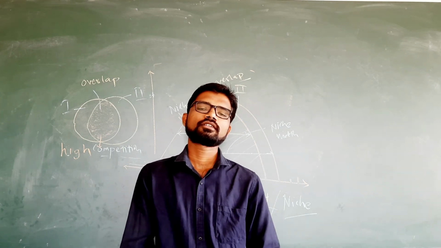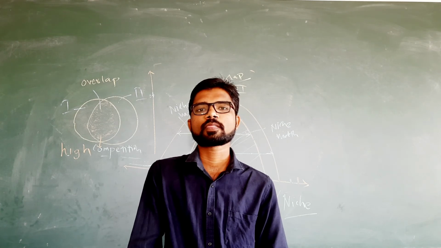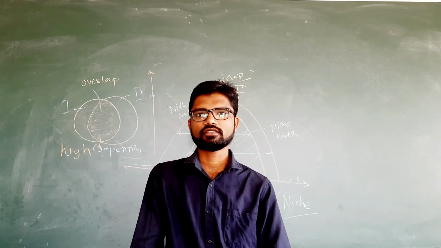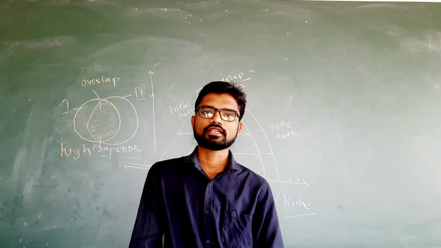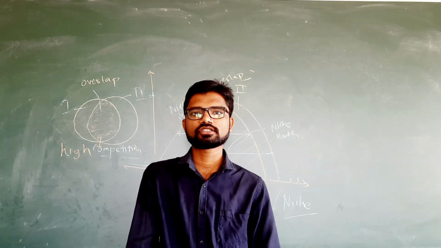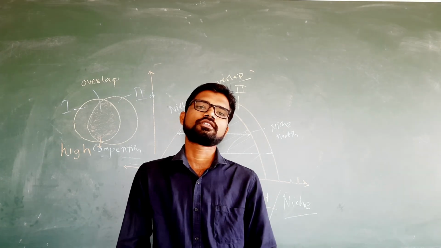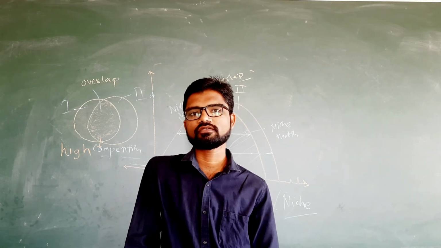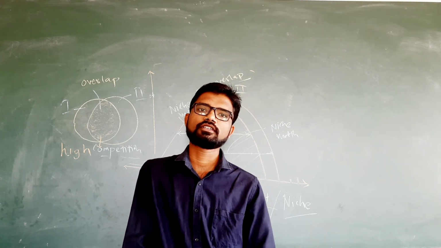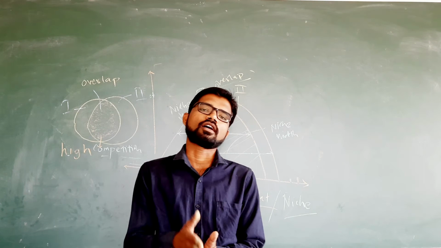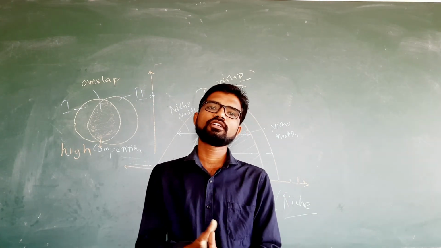Then next is the ecological niche, where we discussed their examples, their characteristics, and the importance of the ecological niche, and the types of ecological niche, where the first type is the spatial niche, the second type is the trophic niche, and the third type is the fundamental niche.